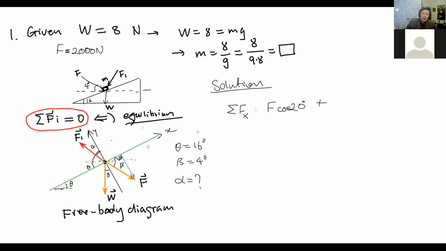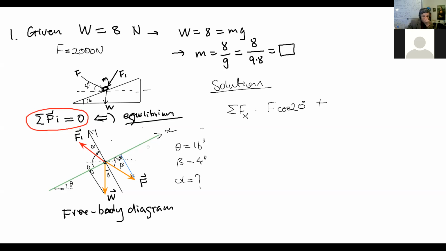Second component, gravity. You also need to draw the proper right angle triangle. That's right. And do we know the angle?